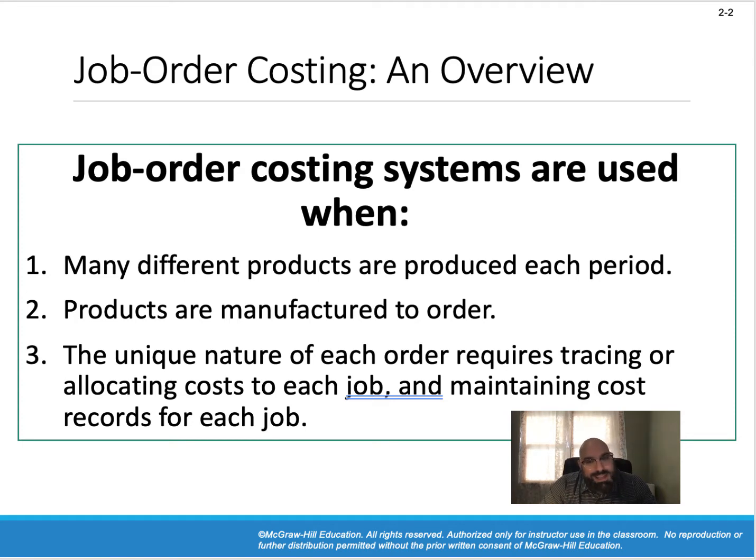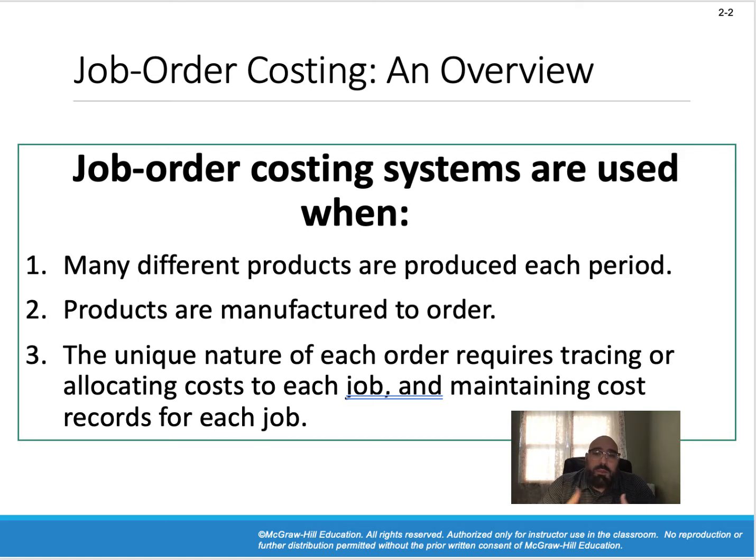And from last week, out of the three manufacturing costs, two of those are considered direct costs, specifically direct material and direct labor, because we can easily and conveniently trace those costs to a specific unit of a product. Our indirect costs are those manufacturing overhead costs. Those are costs that we cannot easily and conveniently trace to a specific unit.